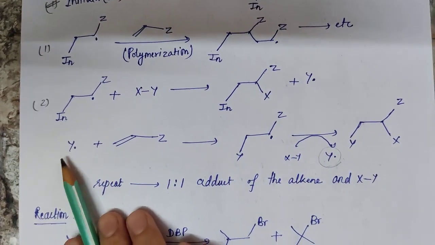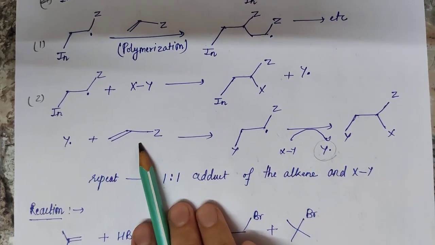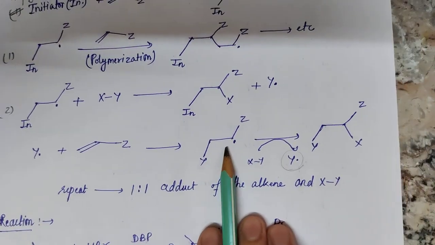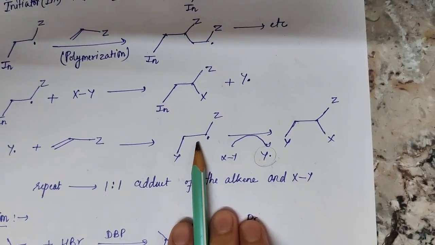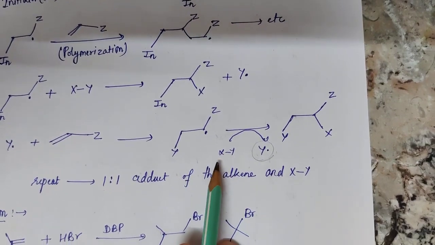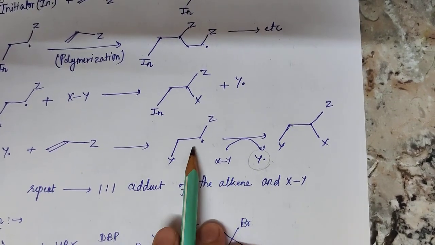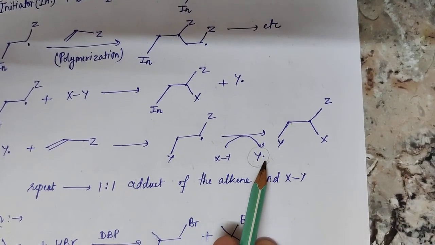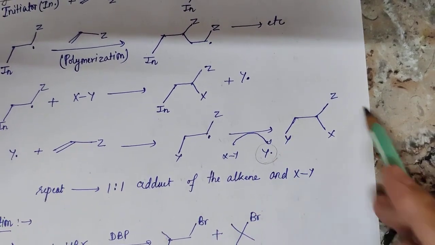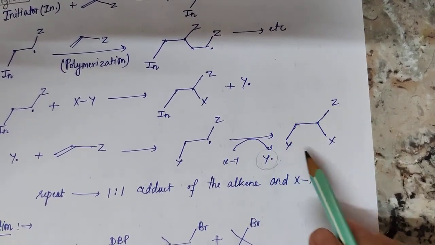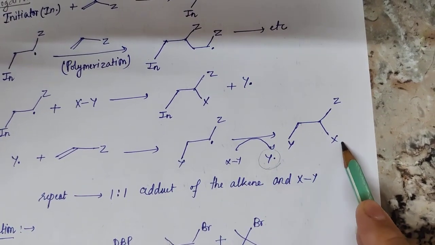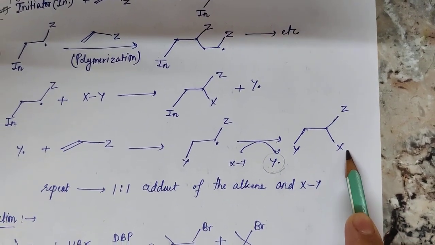That Y radical further reacts with your alkene and forms an addition radical, which again cleaves XY to take up X and to generate Y radical, and this 1:1 adduct of your alkene and XY compound is obtained.